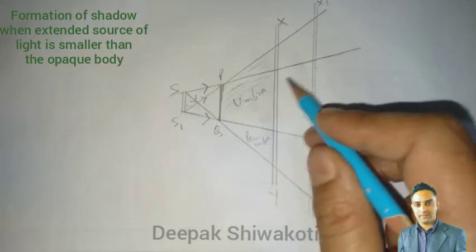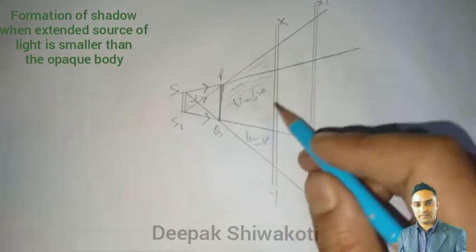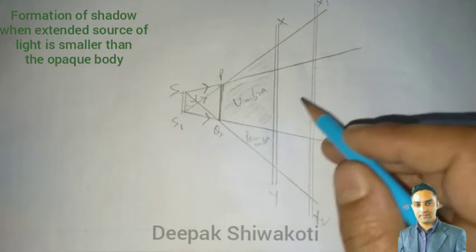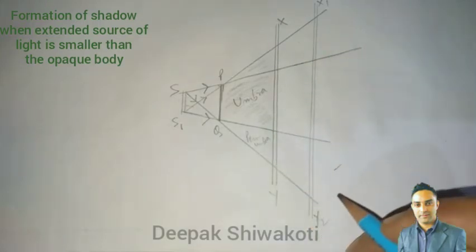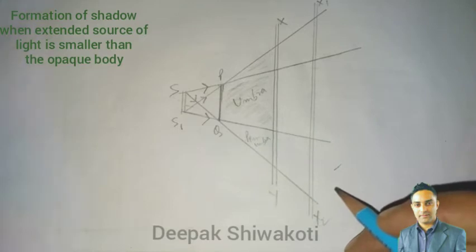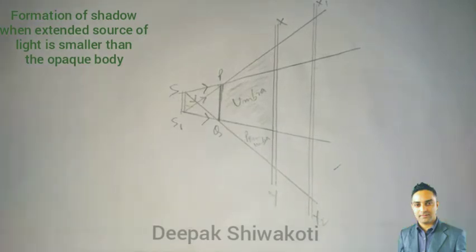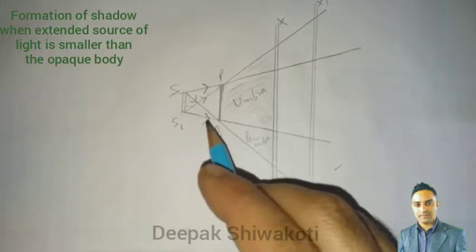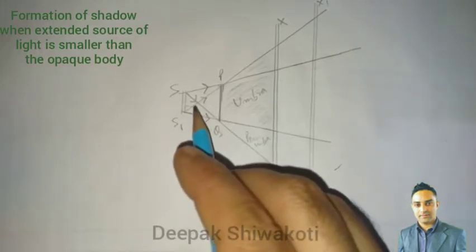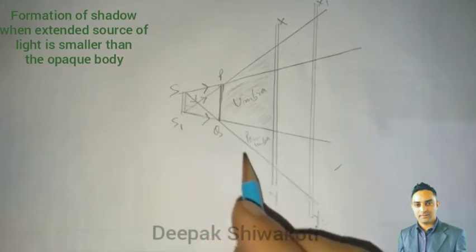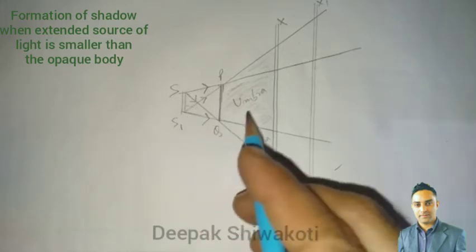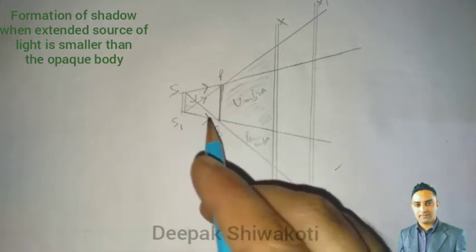The umbra region also increases, this shadow is increasing, and the penumbra region also increases. So when we move the screen, the umbra and penumbra regions also increase. Important is that when we draw a diagram like this, you should remember that rays are in a straight line. Do not bend them anywhere.